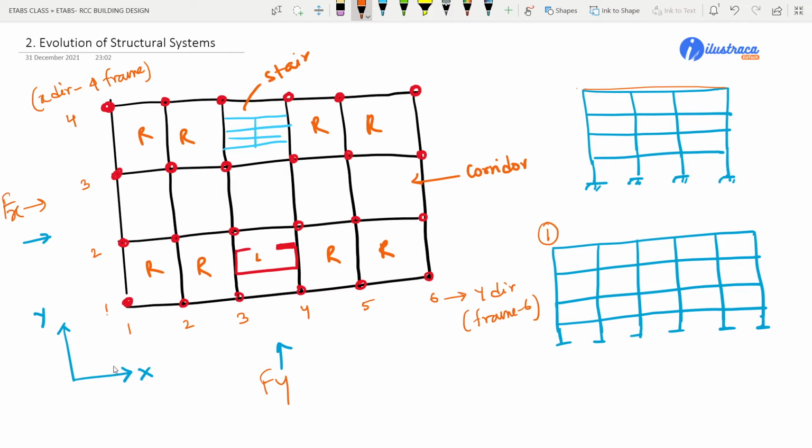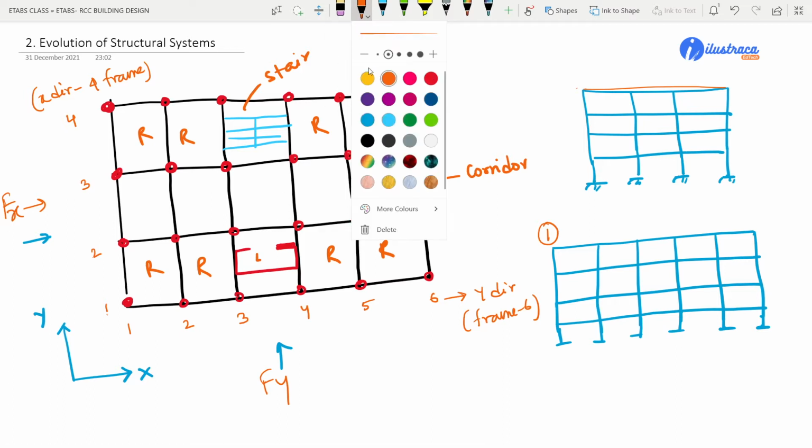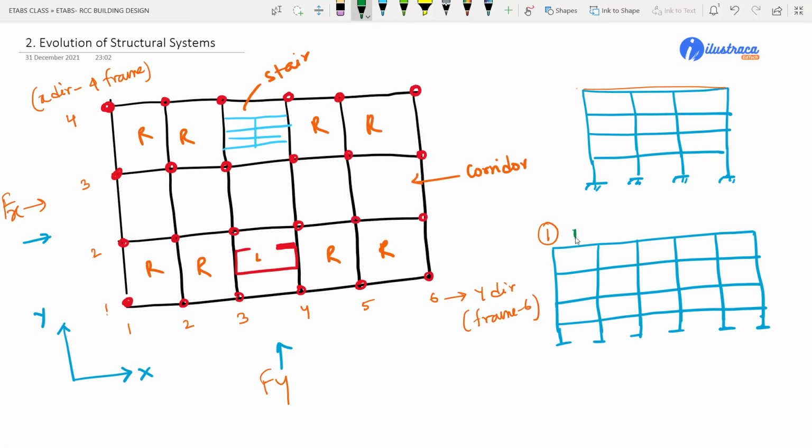Now if you just see properly, how many frames do we have? 6 frames along the y direction and 4 frames along the x direction. But if I consider the number of bays, along the x direction we have 1, 2, 3, 4, 5 bays.